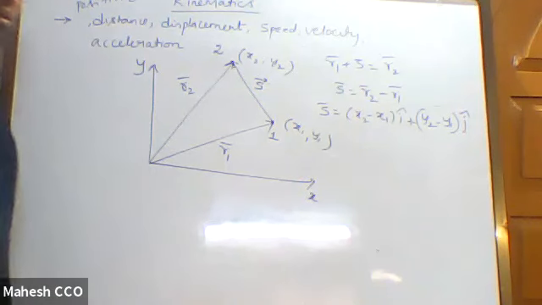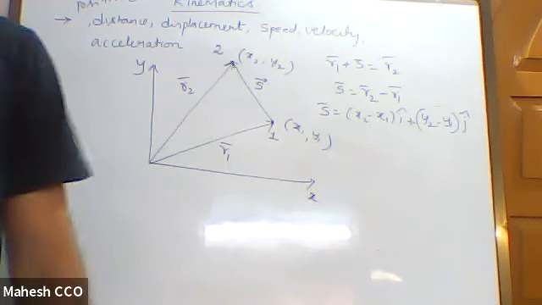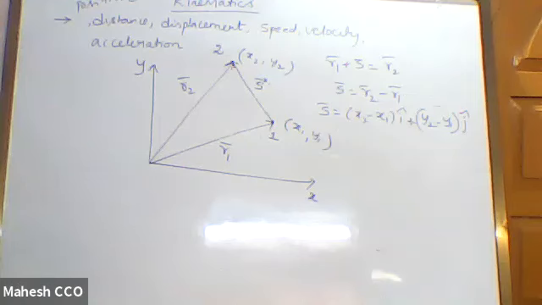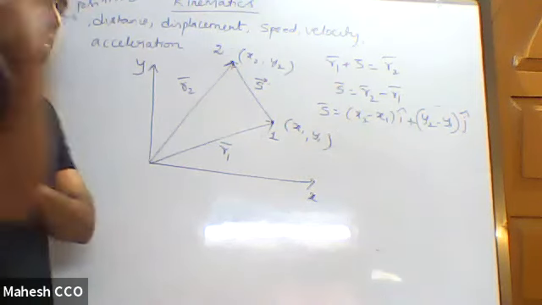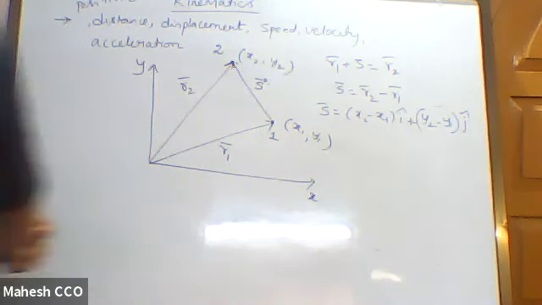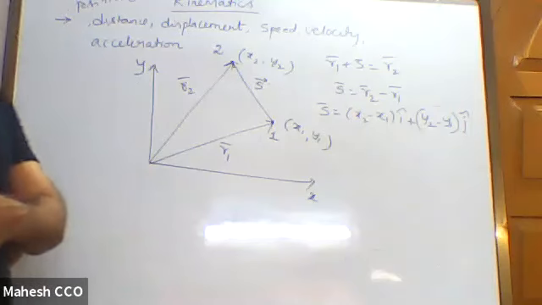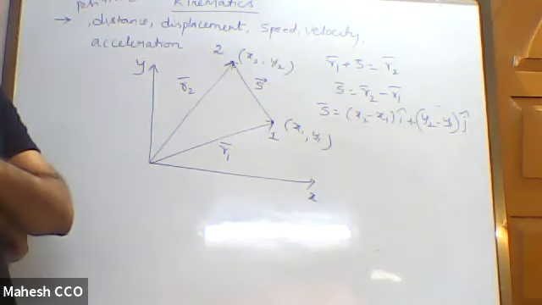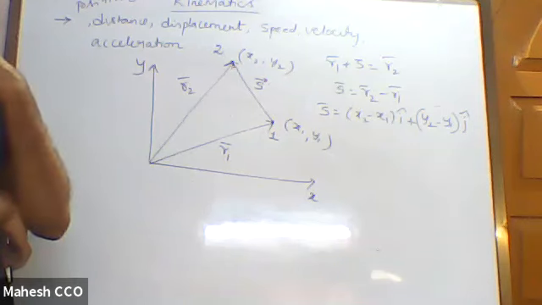So suppose in 3D, if the point object is going from x1 y1 z1 to x2 y2 z2, then its displacement is given by x2 minus x1 i cap plus y2 minus y1 j cap plus z2 minus z1 k cap. That is how you can write the displacement using the Cartesian coordinates.